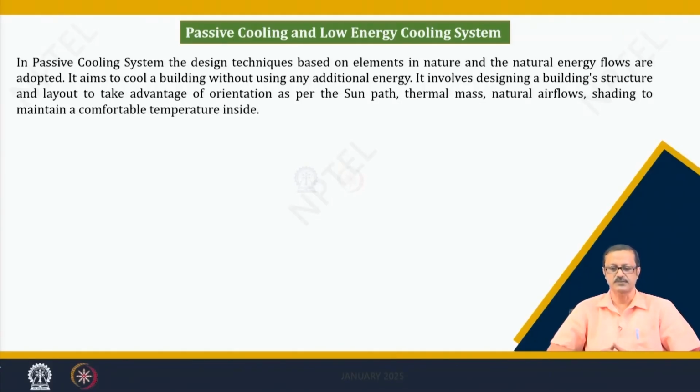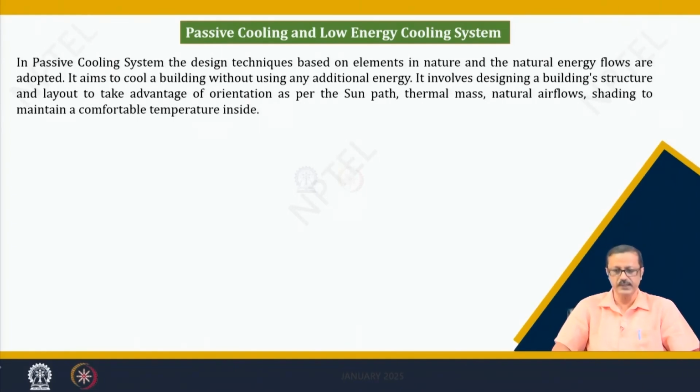Traditionally we have a lot of strategies that include the sun path diagram, thermal mass, natural airflow in the building, shading devices, orientation of the building, etc. We try to design the building in such a way that we can take maximum advantage of these nature-based cooling components and elements, and that is going to reduce our indoor air temperature, indoor humidity and other indoor comfort parameters.